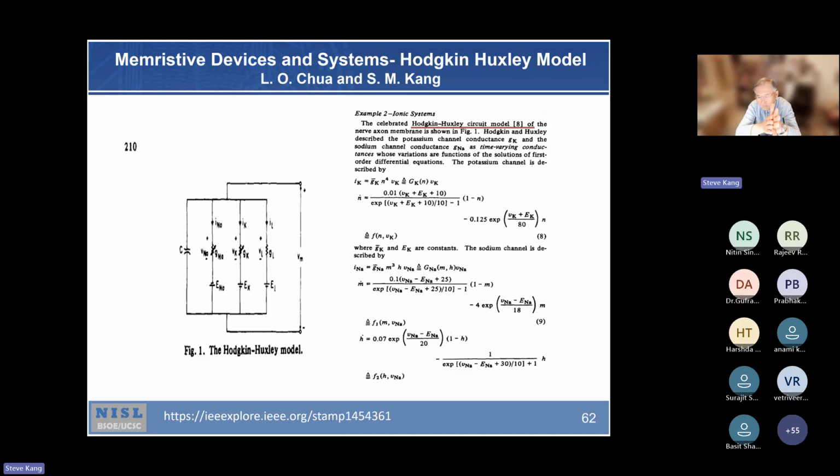That's alignment, so n to the power 4. So when n is equal to 1, then n^4 is 1, so perfect conduction. And the other ones, m and h, are involved in the sodium channel.